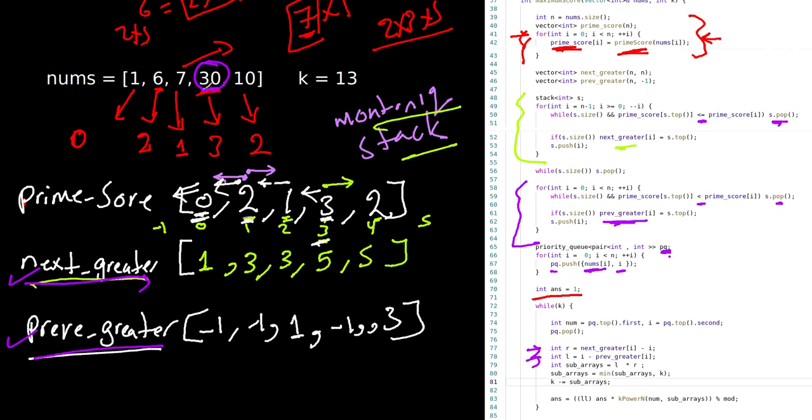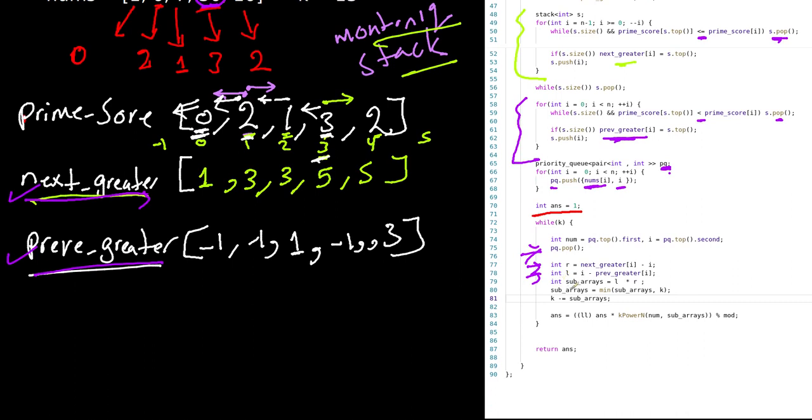So 30 at index 0 1 2 3 4, 30 at index 3 is the top of the priority queue. So we pop this element. We start with 30.